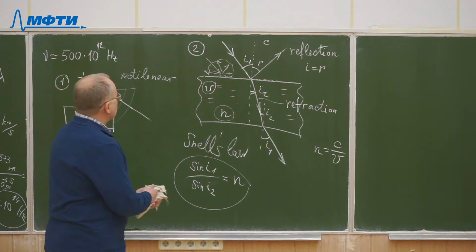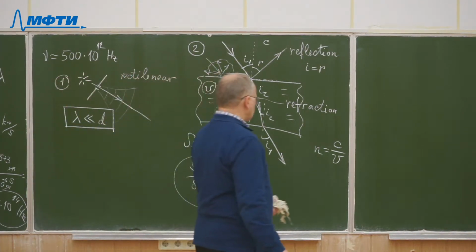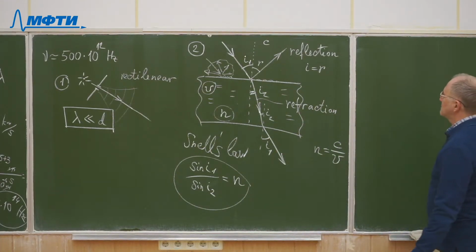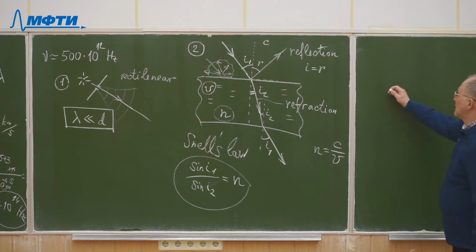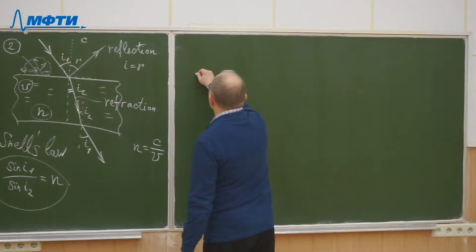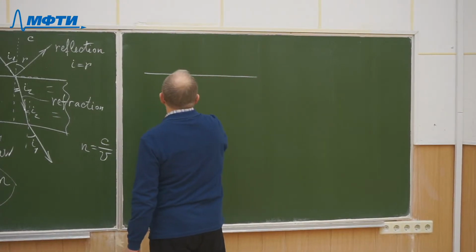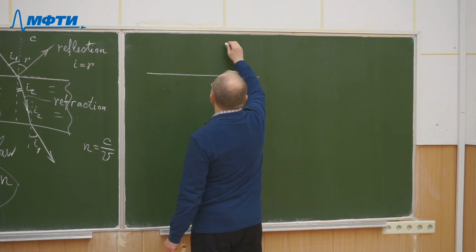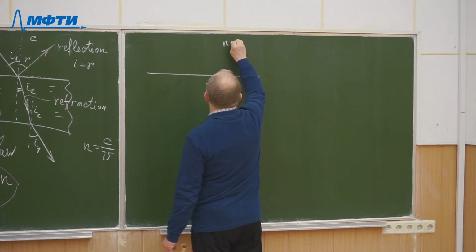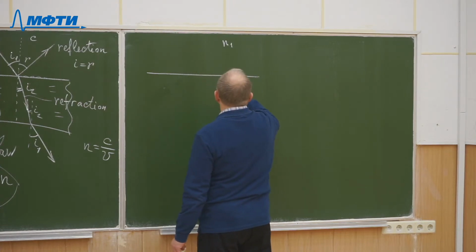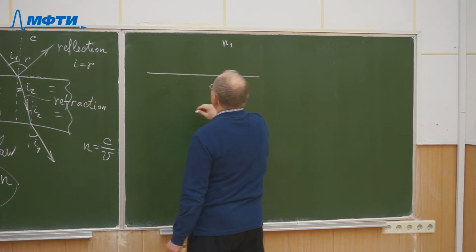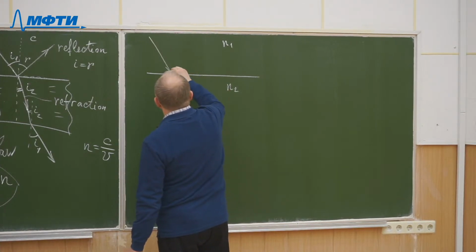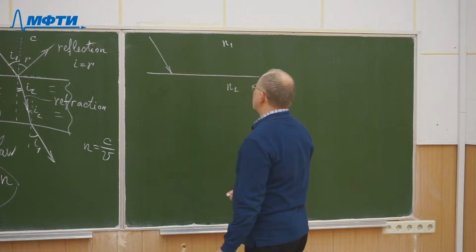Now we will derive this law from some theoretical considerations. Let us consider an interface between two parts of space; the first part has a refraction index n1, and the second part has a refraction index n2. Let a light ray fall on the interface.